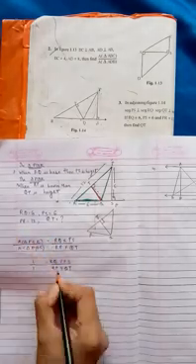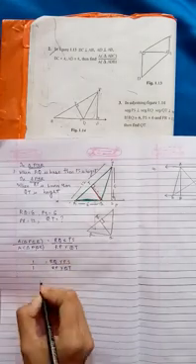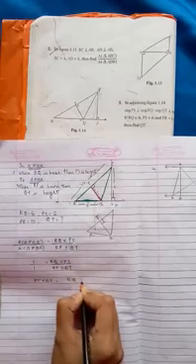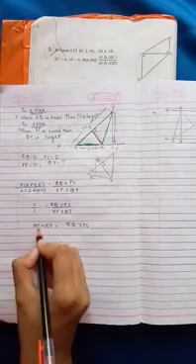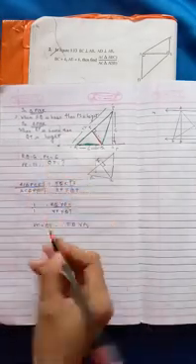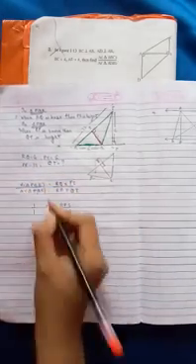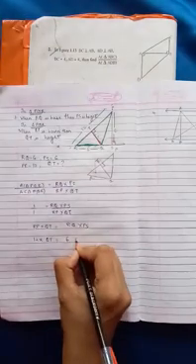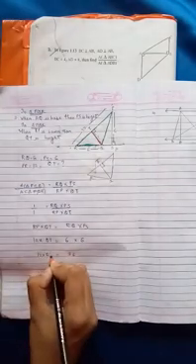Now cross multiply. So what will come? RP into QT is equal to RQ into PS. Correct? RP is what? 12. QT you don't have, you need to find it out. RQ is what? 6, and PS is what? 6. Correct? 6 sixes are 36. 12 into QT, write as it is.